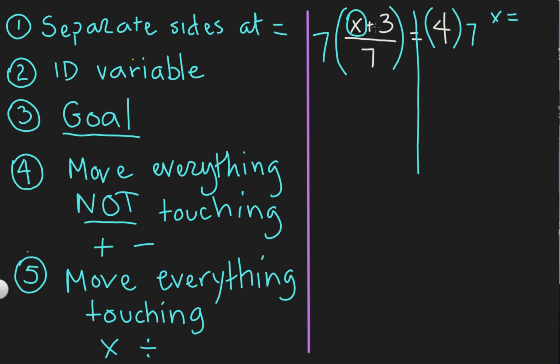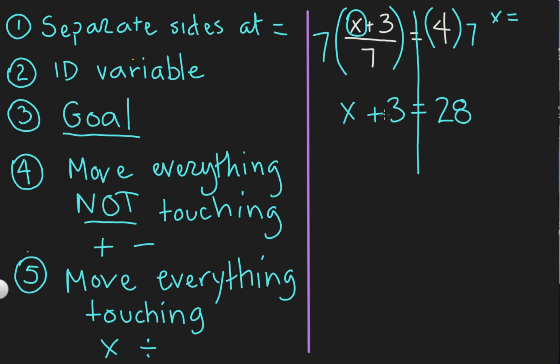So 7 times this fraction with the denominator of 7. When we multiply a fraction by its denominator, the fraction goes away. This leaves us with x plus 3 is equal to 4 times 7, which is 28.